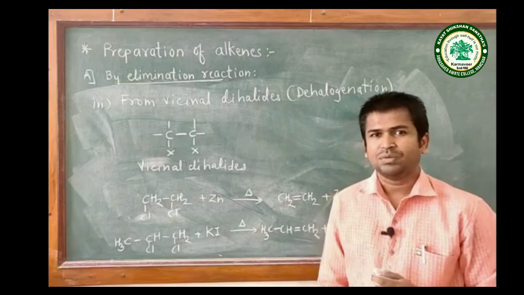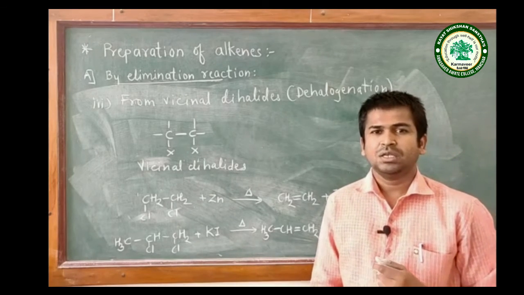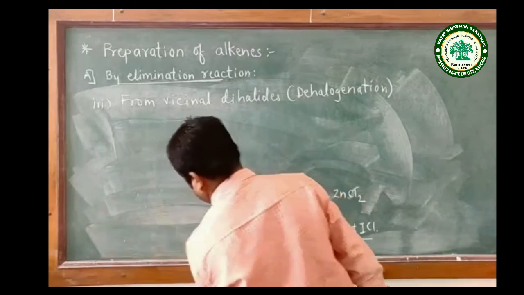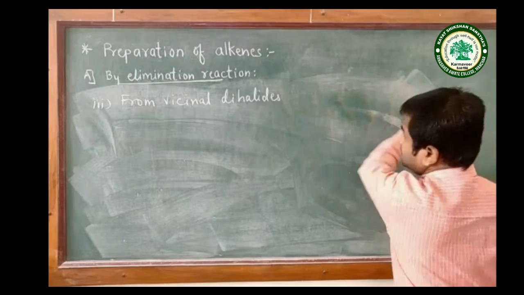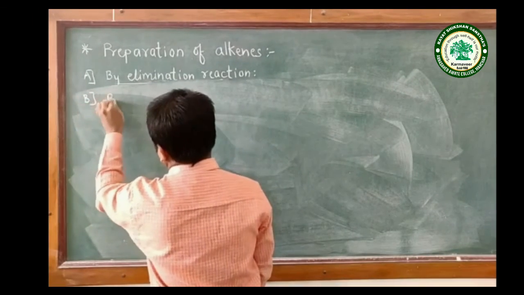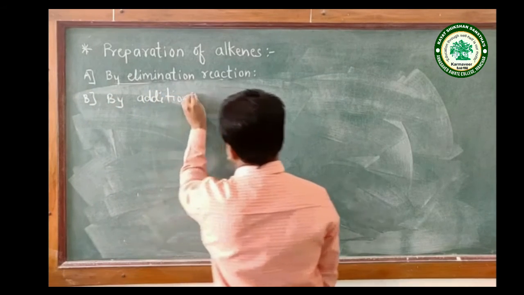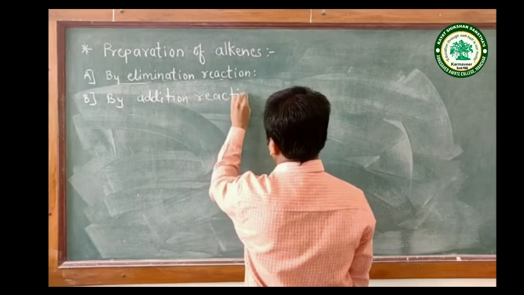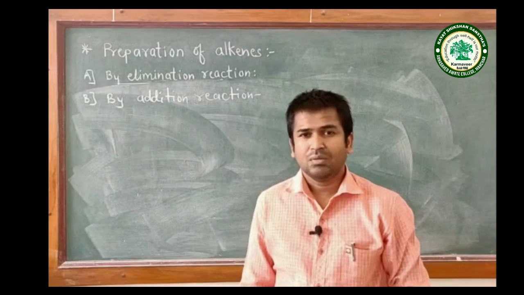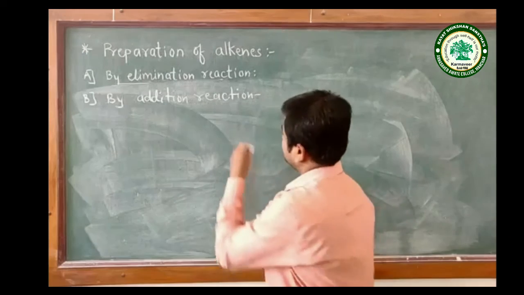Now, another type of reaction by which we can prepare alkenes is by addition reaction. For addition reaction, the starting material used is alkynes.